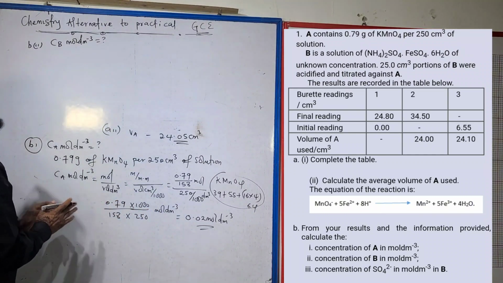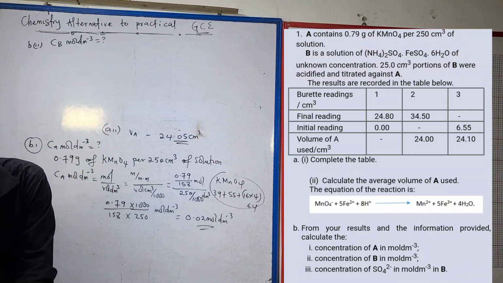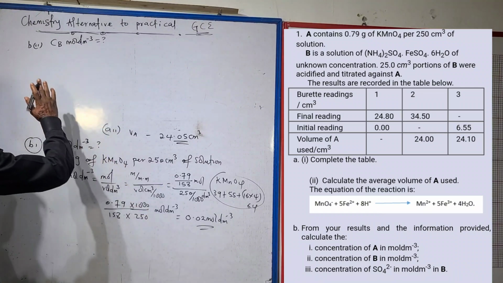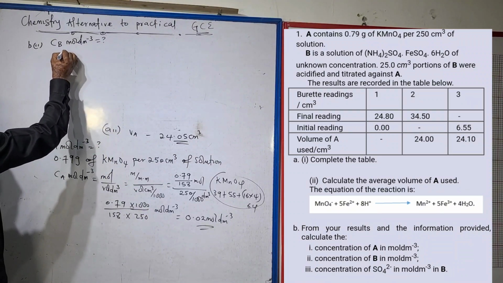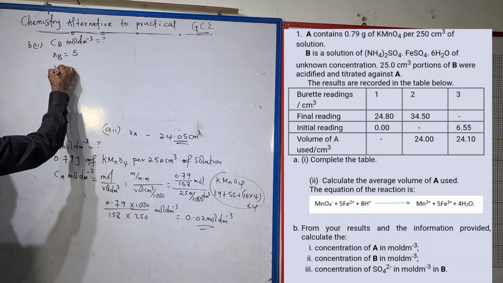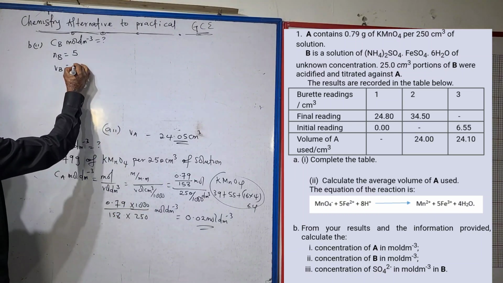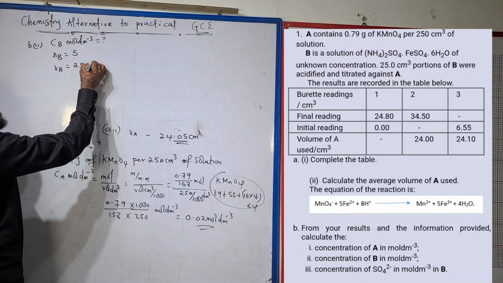Looking at my B, which talks about the hydrated iron sulfate, if you look at the equation, 5Fe2+, so the number of moles of my B is going to be 5. Take note of that. And the volume of my B from here talks about the 25 cm cube pipette portion, so 25 cm cube.